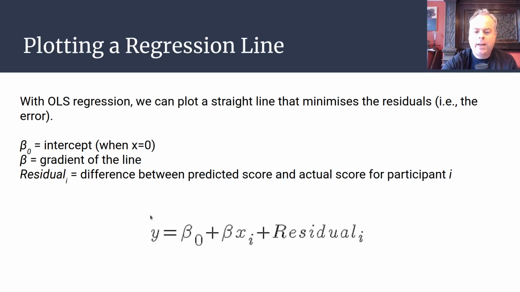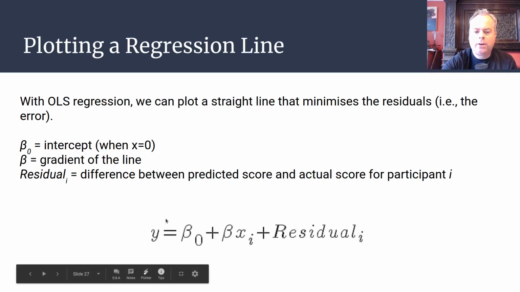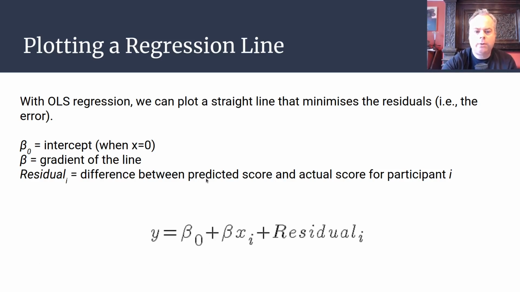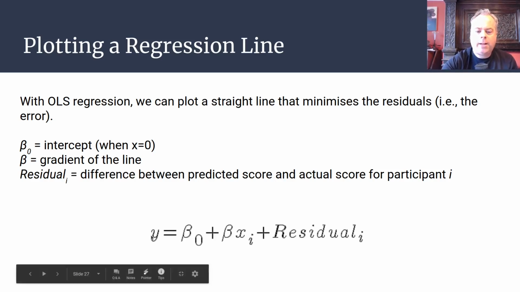So this is the equation for the straight line in the context of OLS regression. Our y value is going to equal an intercept, the value of the line when x is equal to 0, plus this value here, beta, which is the gradient or the slope of our line, multiplied by a particular x value, plus some residual.